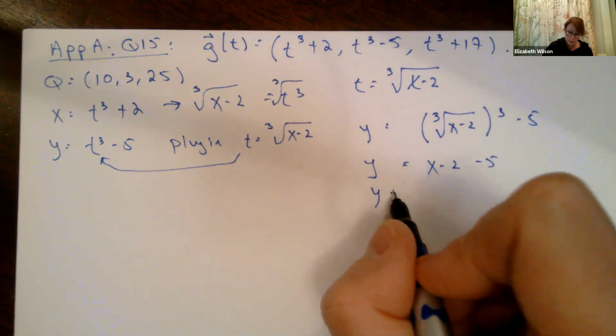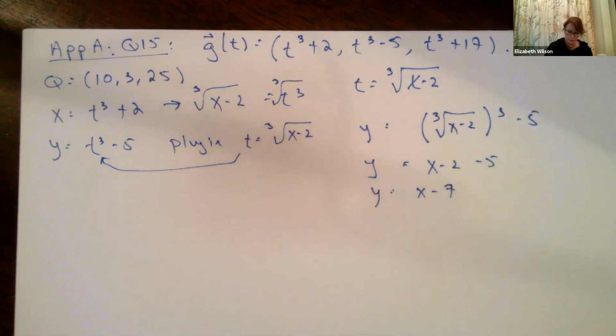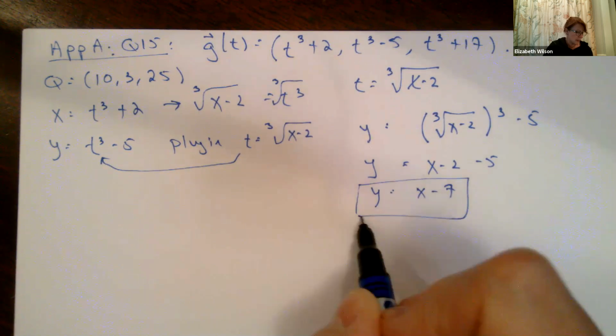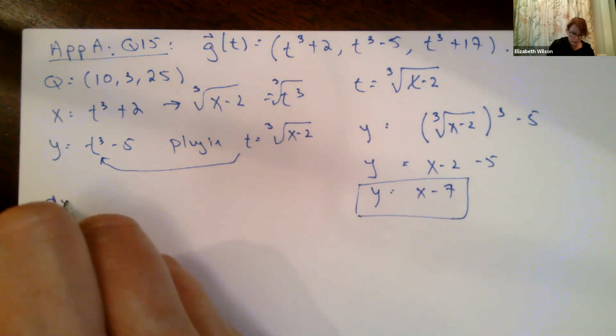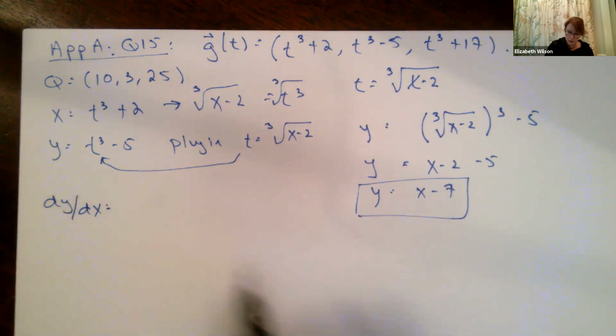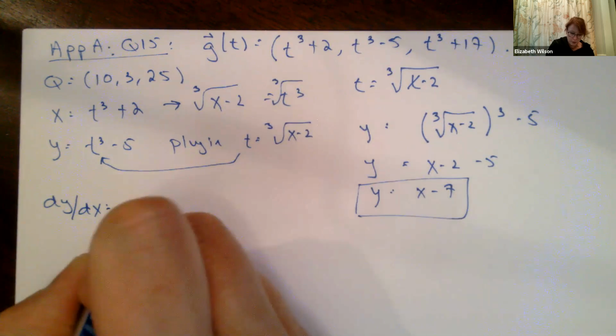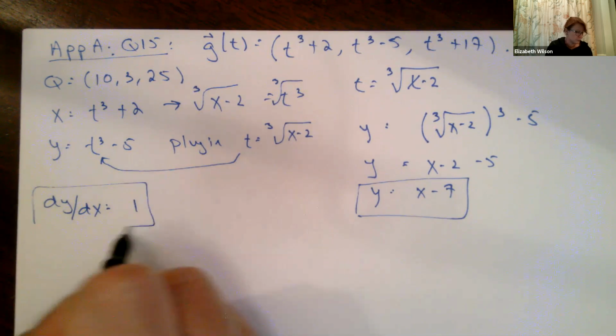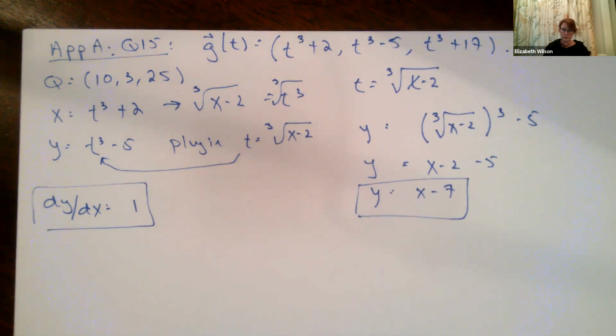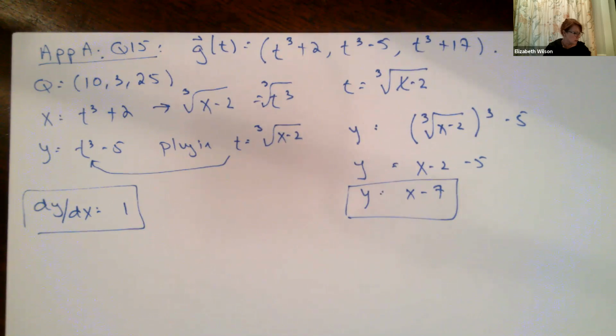So y equals x minus 7. Okay, and now if they want dy dx, I just take that derivative, which is just going to equal 1. Okay, and I think that was it.